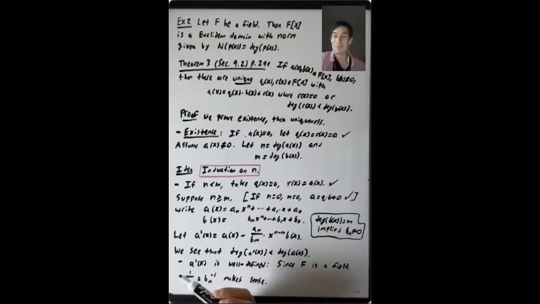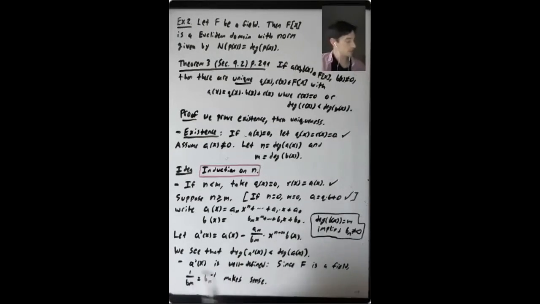So that's the idea of polynomial long division. The leading term here is a_n x^n, the leading term here is a_n x^n. You subtract, and I don't know what you have left over, but you certainly have no term of degree n or higher. So the degree of what's left is less than n.